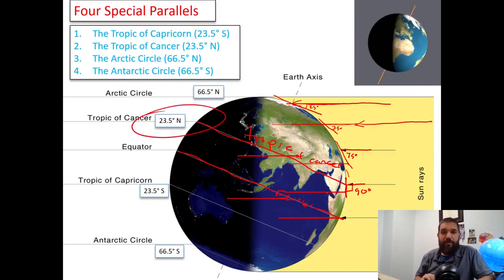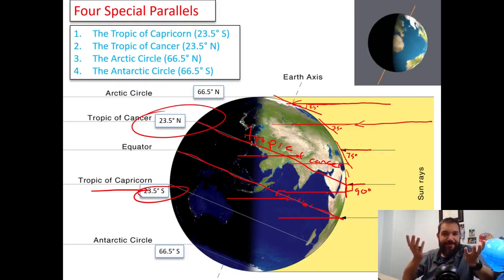It is 23.5 degrees north. There's one in the south called the Tropic of Capricorn. That's the 23.5 degree south line. Where have we heard that number before? It is, as you know, the tilt of the Earth's axis, relative to the ecliptic plane, the plane in which Earth orbits.